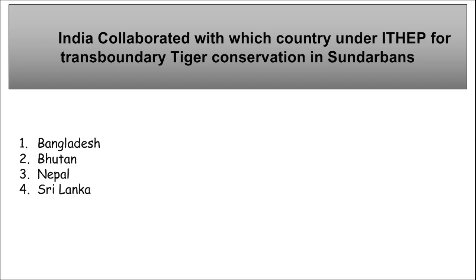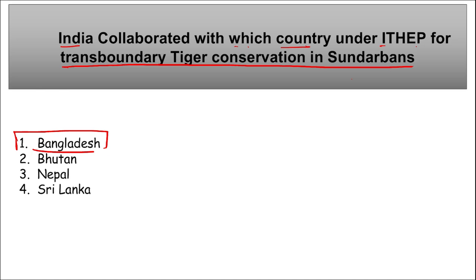Next is, India collaborated with which country under the ITHCP for trans-boundary tiger conservation in Sundarbans? So it is India and Bangladesh. They have collaborated under ITHCP for trans-boundary tiger conservation in Sundarban, correct? This initiative aims to mutually understand the tiger conservation process of India and Bangladesh in Sundarban.